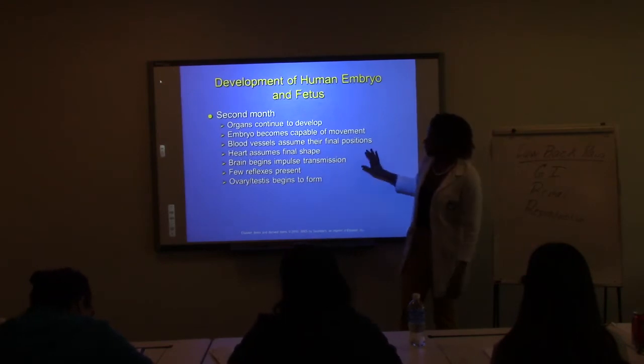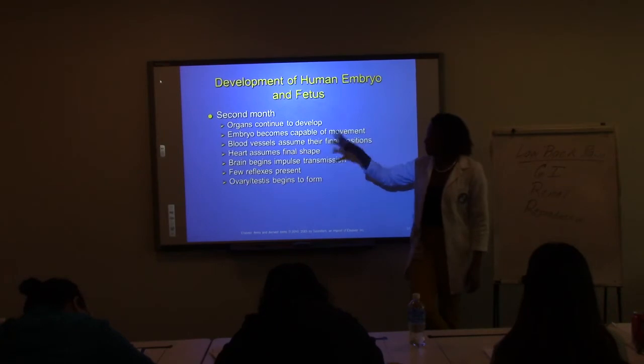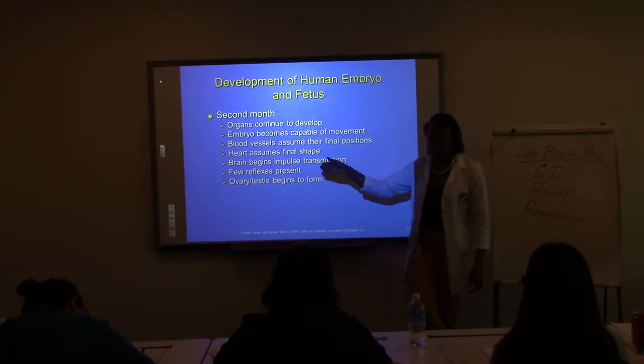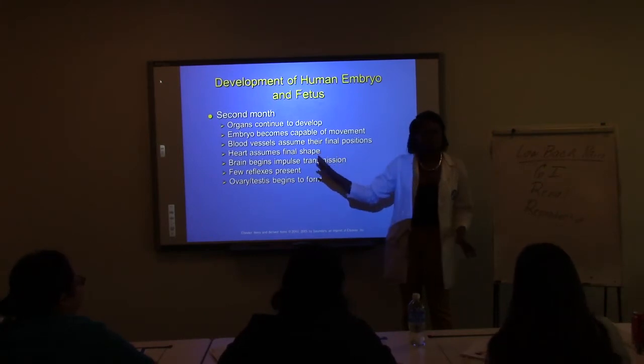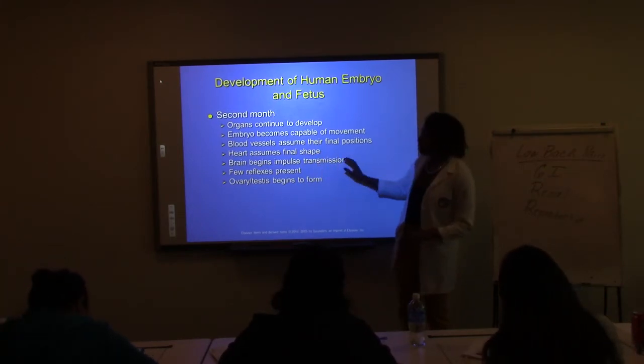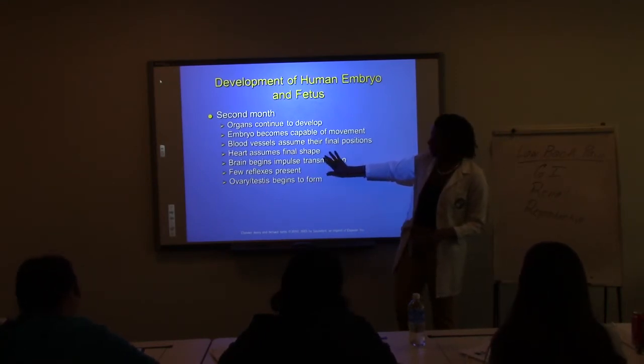And a few reflexes. And the ovary and testes begin to form. And I always forget, I think by this month you can tell the sex of the baby. Actually, don't they have it early now? I think before that. Just to make sure, but now they have those 3D type of ultrasound.